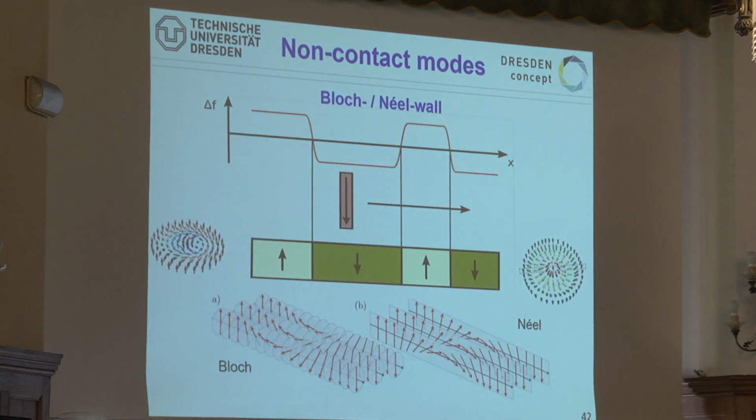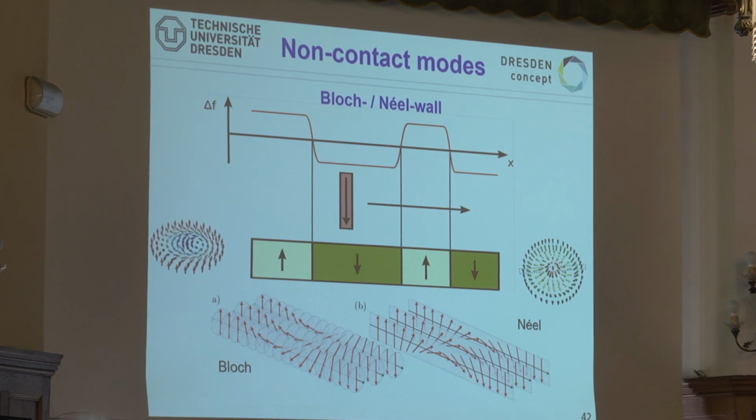I would like to spend one word on that, because maybe it's interesting that the difference between these arrows, equally as I said before for electrics, can turn in different ways. Imagine, how do we go from this arrow to that arrow? In fact, there can be many ways. We could have a hard Ising wall, which means I go up to the wall like this, and then I'm just flipping within one unit cell or so.